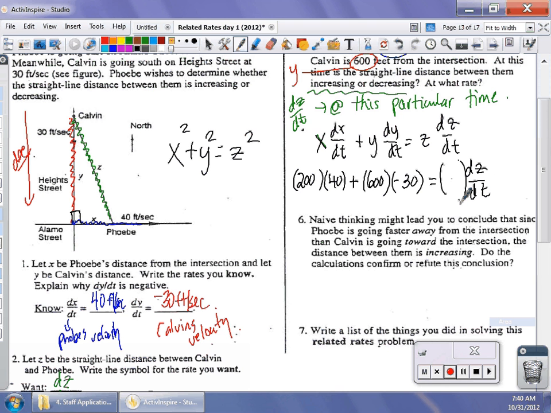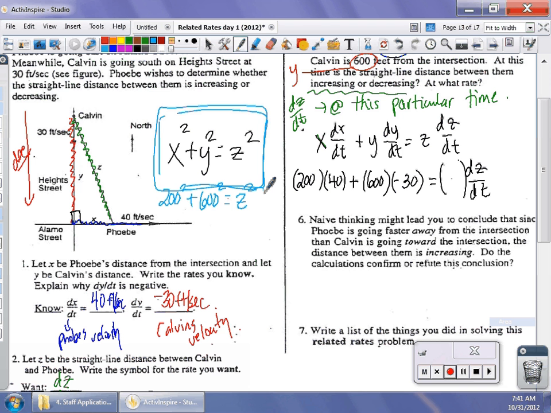Well, to find my value for z, I'm going to go back over here to my original equation. This is going to help me find the value of z, and I'm going to use the Pythagorean theorem by substituting in the values. So I would have 200 squared plus 600 squared is equal to z squared.